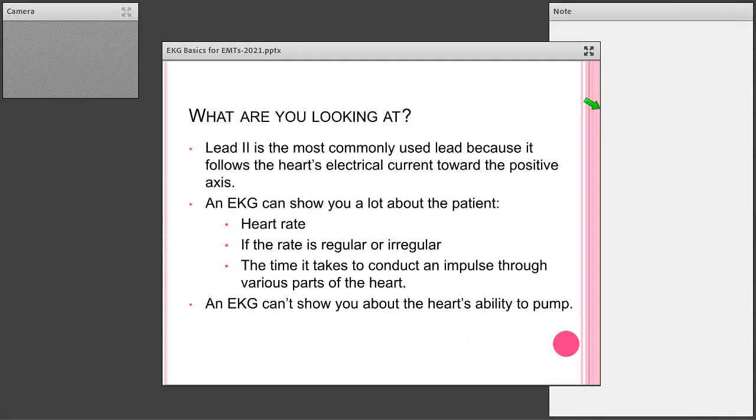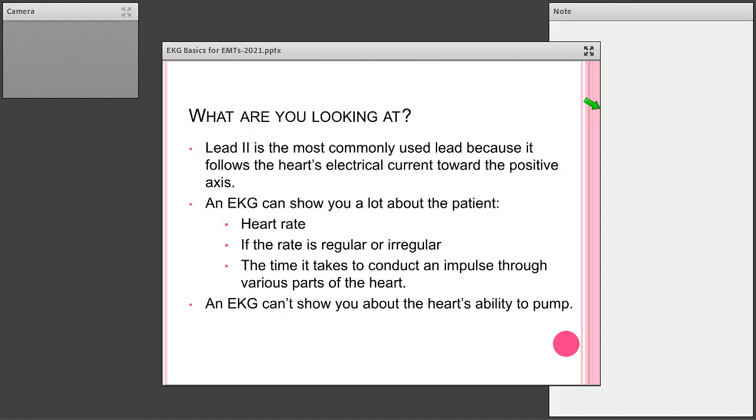All right. So when you're looking at a cardiac strip, lead 2 is the one that's most commonly used because it follows the current of the heart. People usually have a preference for what they like to look at, but in general, lead 2 is the most common preference. And an EKG strip can show you a lot about your patient.